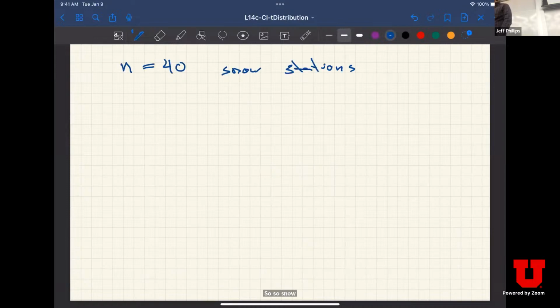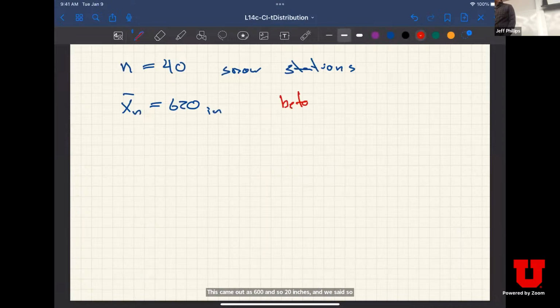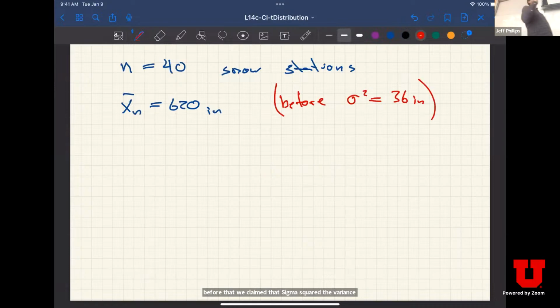Okay, and we took these sample estimates, and we have that X̄n, where n equals 40, came out as 620 inches. And before that, we claimed that sigma squared, the variance, was going to be 36 inches. Then afterwards we said, a standard deviation of 6 inches on these measurements, that's probably not right.